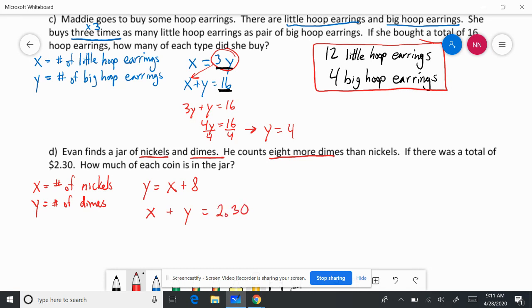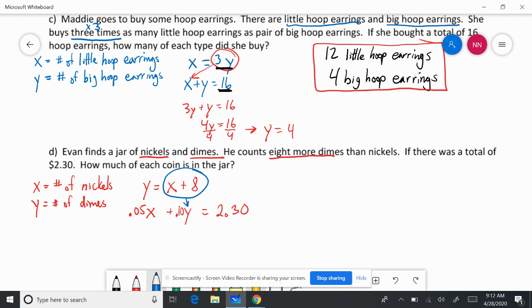There's a problem because X is dimes. Sorry, X is nickels. So we're going to have 5 cents per nickel. Y is dimes. So we have 10 cents for dimes. What we're going to do is we're going to take this expression right here and we're going to plug it in for the y.